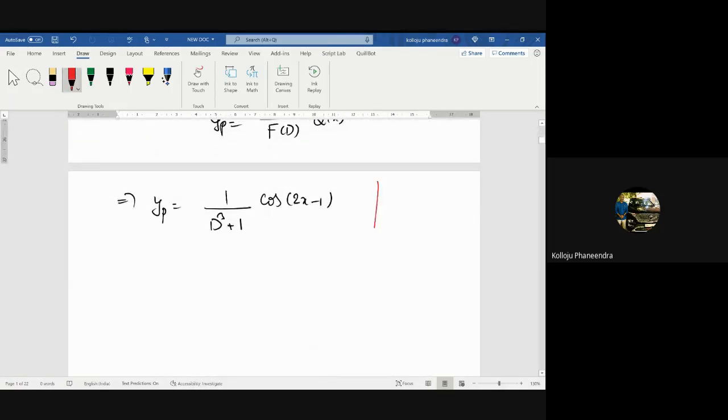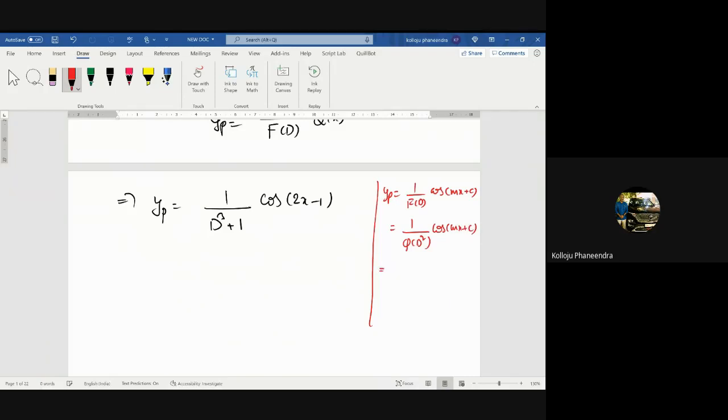So I am giving the process I explained previously: 1/F(D) into cos mx or cos(mx + c), the same procedure as sin mx, which I have already explained. F(D) must contain D² terms.